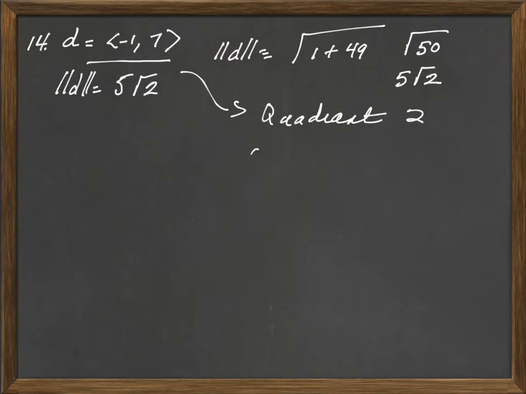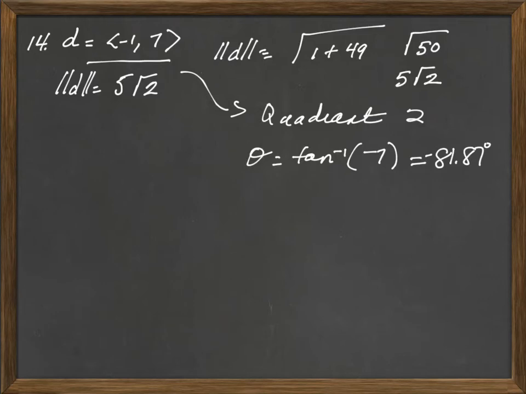And so theta is the inverse tan of -7. So use your calculator. And you get -81.87 degrees. Okay, now that's in quadrant 4.